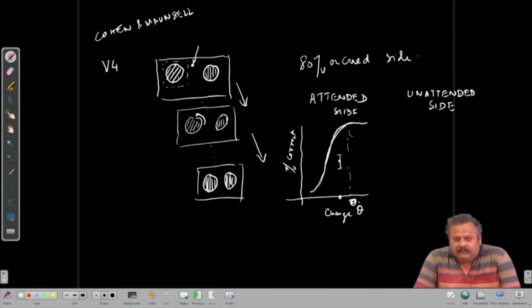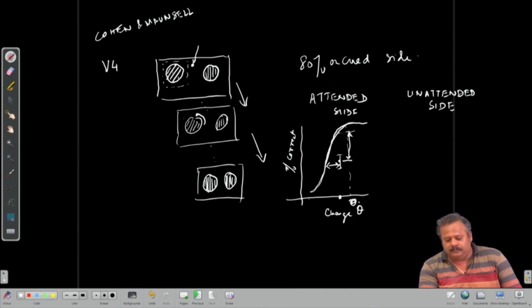So, basically what attention is providing is a gain in performance by this much amount, or a gain in sensitivity of how well you can discriminate angles by this amount. So, this is gain in sensitivity or resolution, or this is gain in performance.